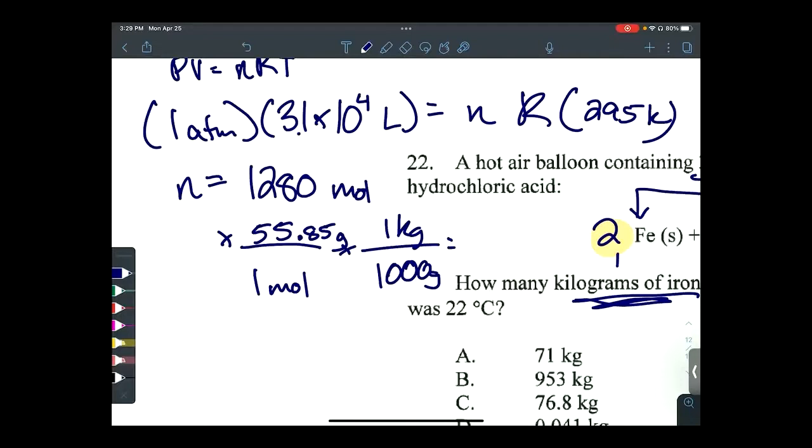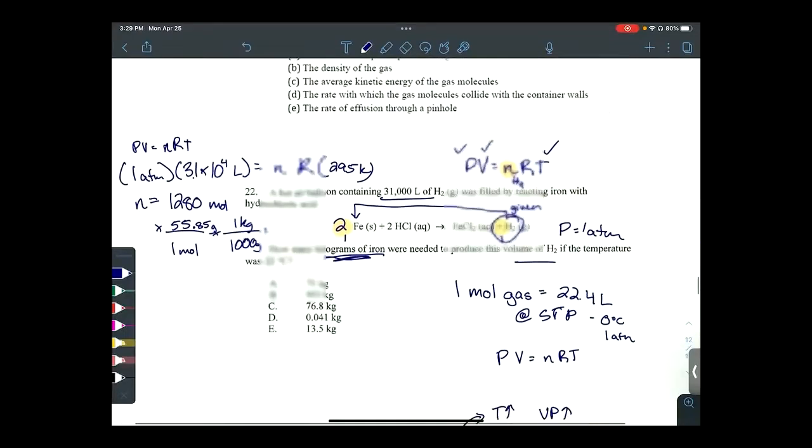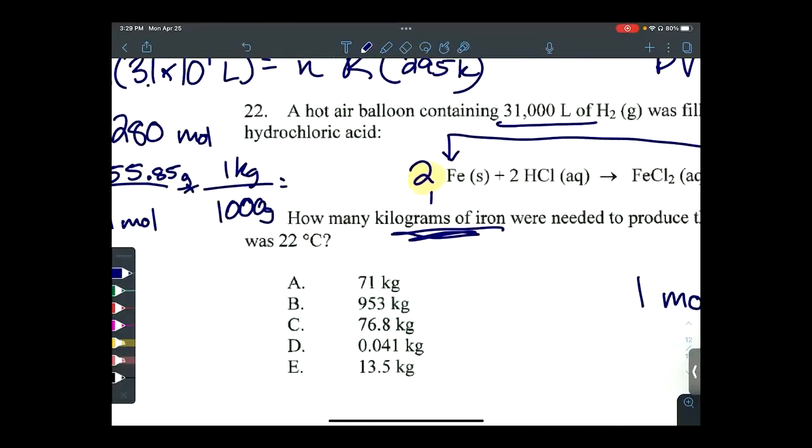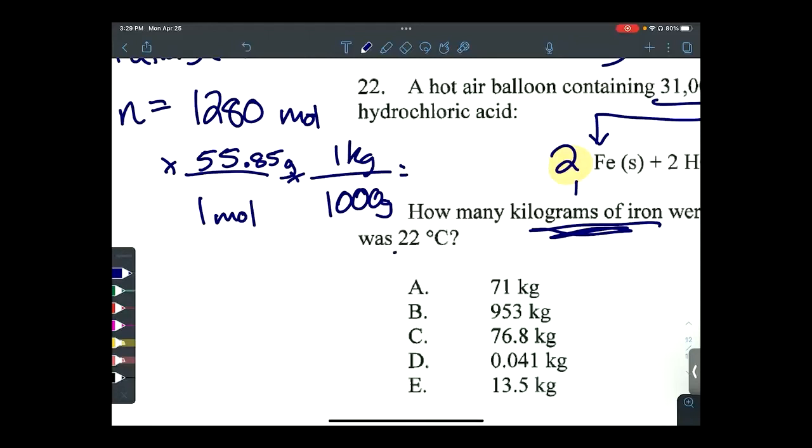They round, so I actually got 71.5, which would round up to 72, but I circled 71. Why don't you just check yourself: if you assume 22 degrees Celsius and 1 atm as your pressure, plug that into the ideal gas equation with 1 mole as your n, and you'll get the molar volume, and you'll see it's close to 22.4.